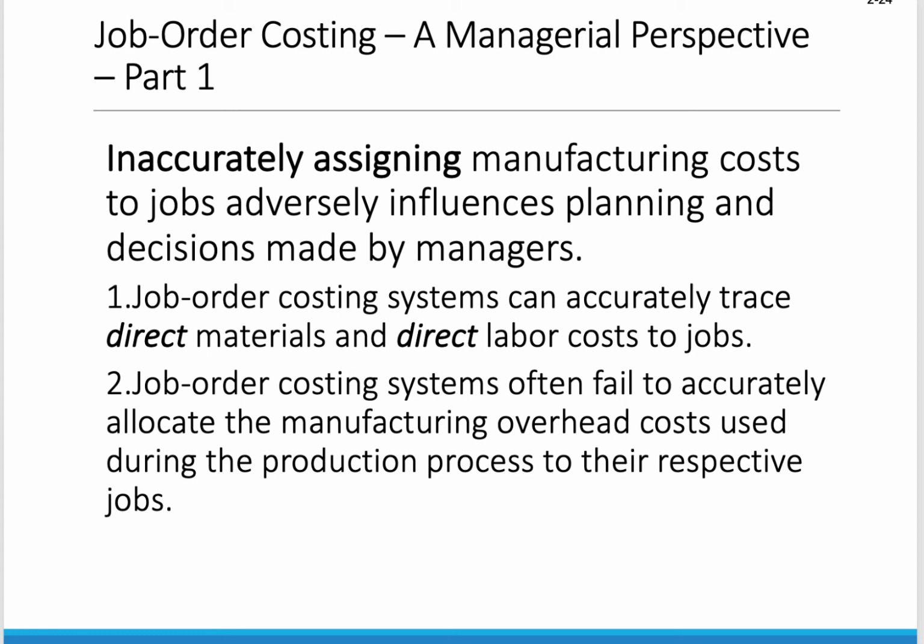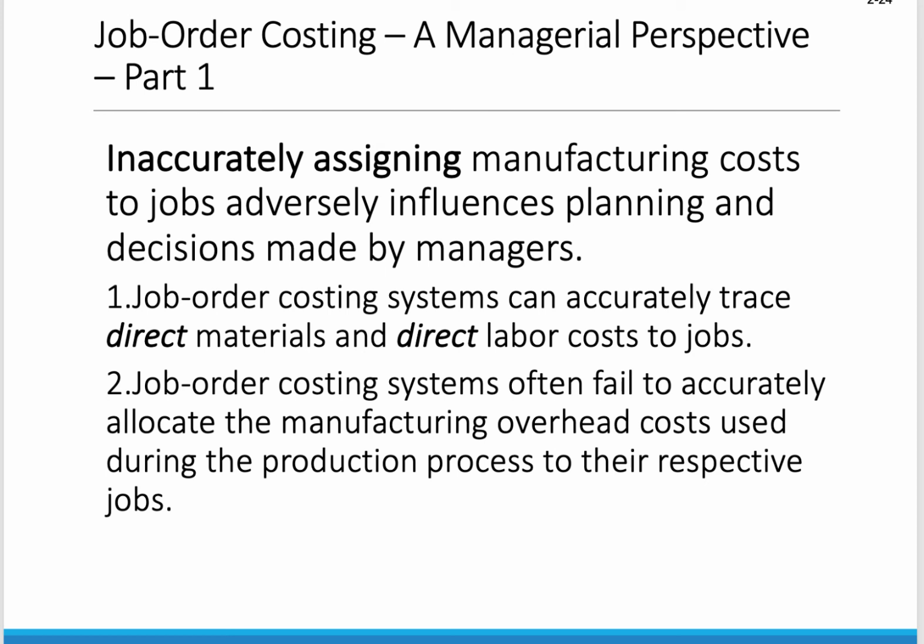We already did chapter 1, so you understand that. As long as we can accurately trace direct materials and direct labor, and correctly identify what costs are direct, we're okay. The problem really lies with the overhead costs.